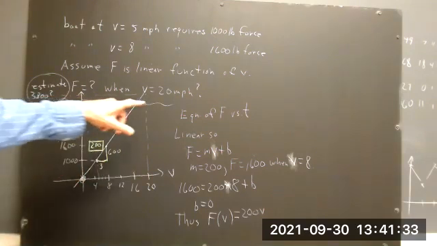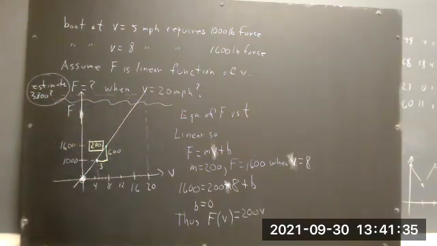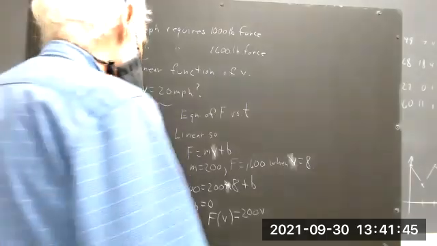Now, we want to know what F is if V equals 20 miles an hour.